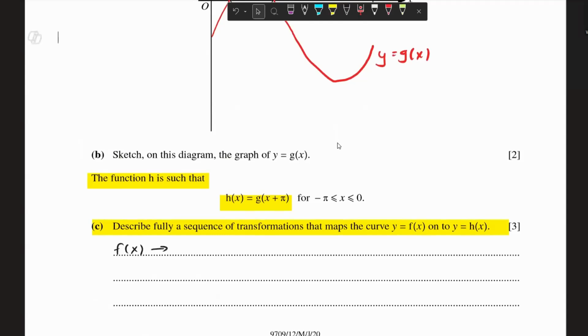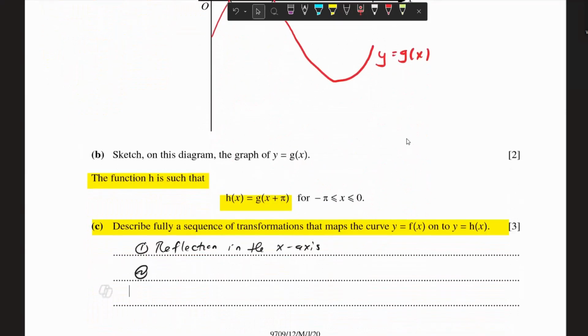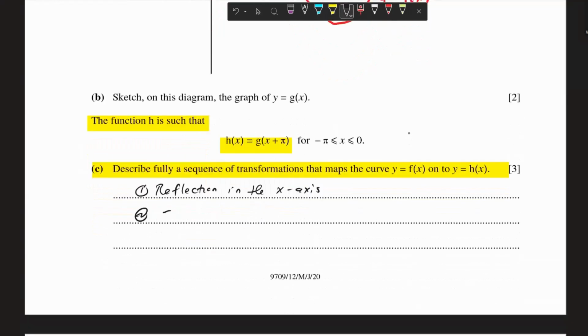So the first one is a reflection in the x-axis. The second one we said was a stretch parallel to the y-axis with a factor of 2.